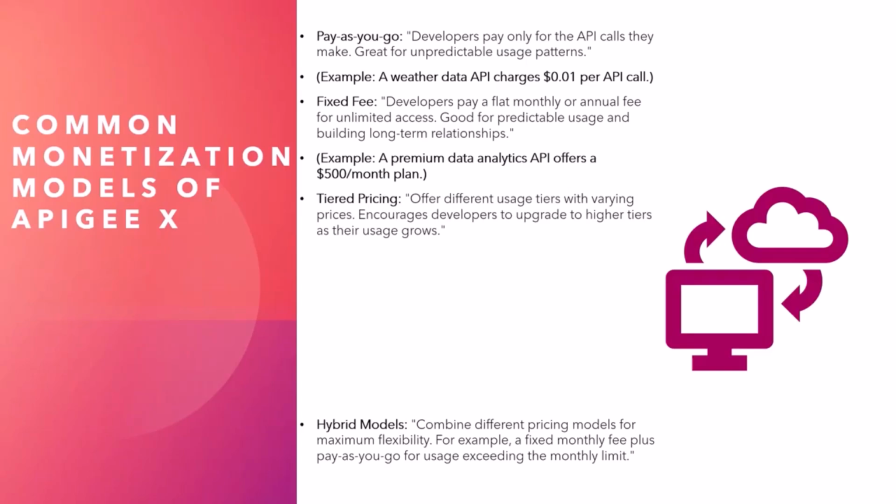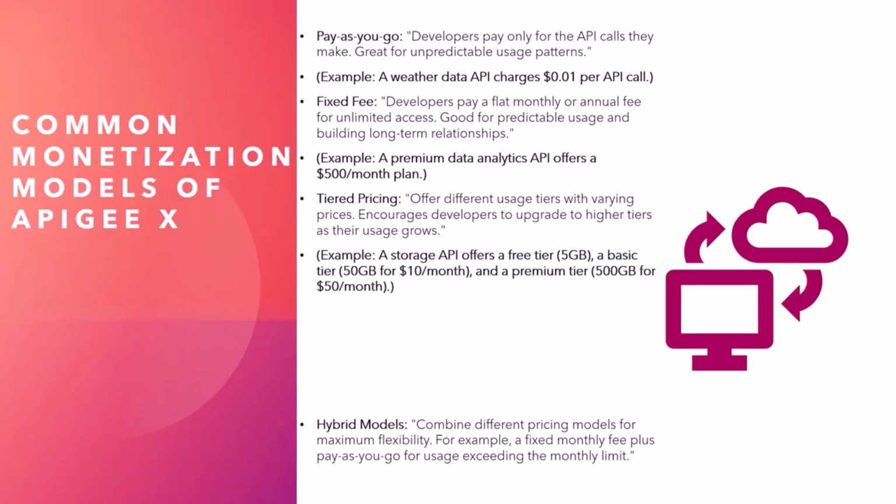Tiered pricing offers different usage tiers with varying prices, and encourages developers to upgrade to higher tiers as their usage grows. For example, a storage API offers a free tier of 5 gigabytes, a basic tier of 50 gigabytes for $10 per month, and a premium tier of 500 gigabytes for $50 a month. These are all sample examples of pay as you go, fixed fee, and tiered pricing.